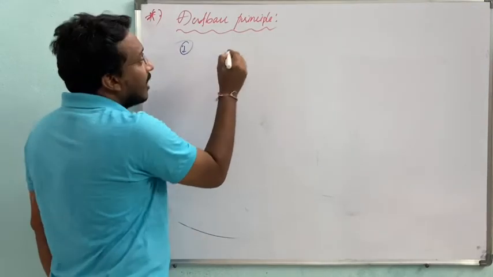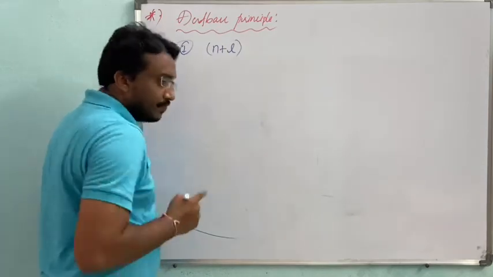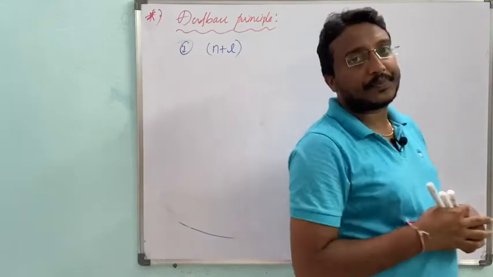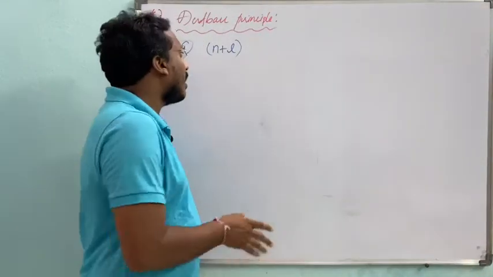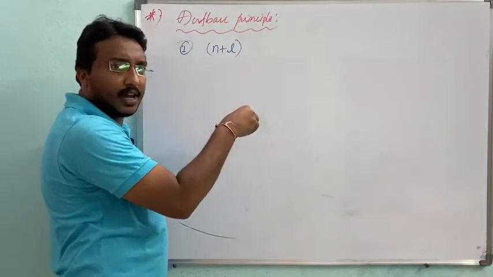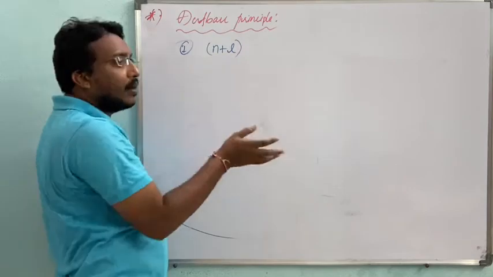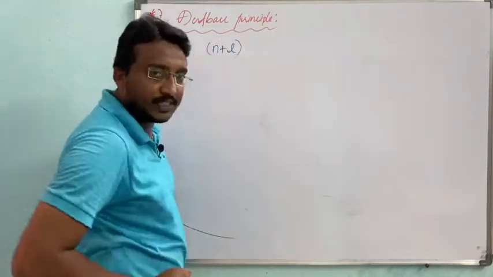The filling of electrons is based on the n plus L value. For a given orbital, the orbital with the lesser n plus L value is the one in which we have to fill the electron first.